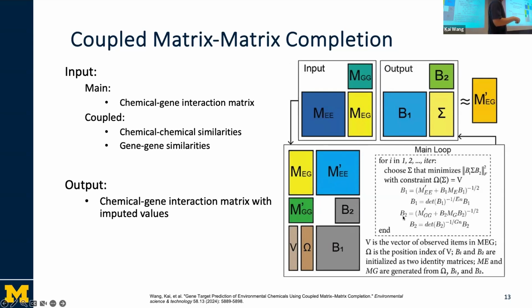Then we run the iteration, and we regenerate the final matrix by updating the B1 and B2 numbers. A good thing about this algorithm is that it converges very fast. For our data, we only ran 2 iterations, so we only update B1 and B2 two times to find the best output.